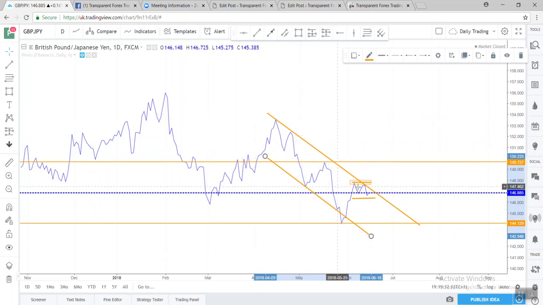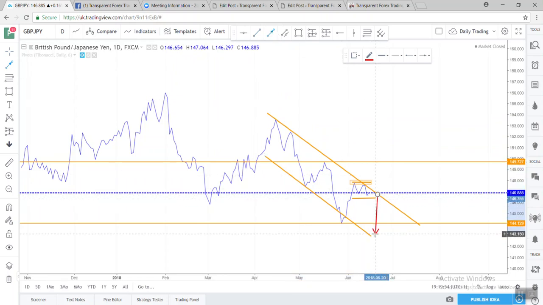So you've got 1, 2, 3 hits to make this trend line confirmed or validated. And then obviously this one here is still awaiting price to come down and retest here.